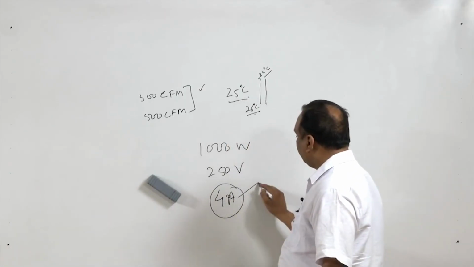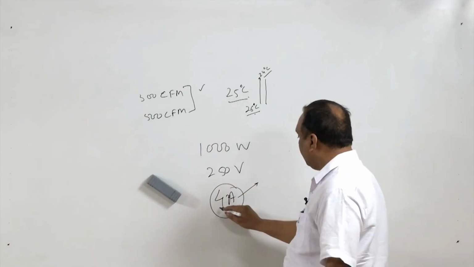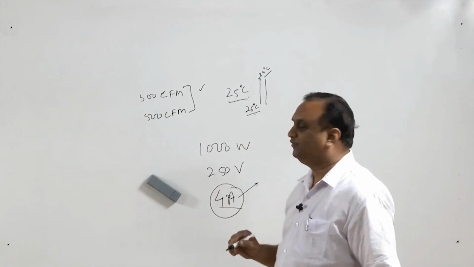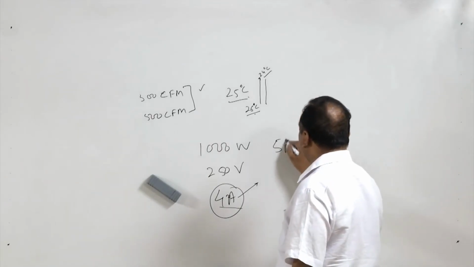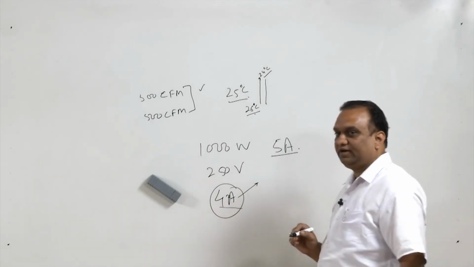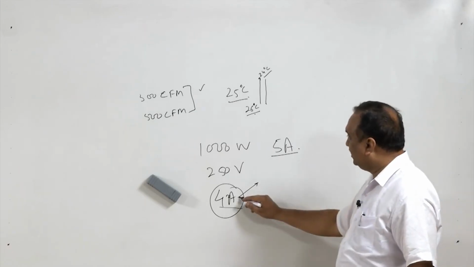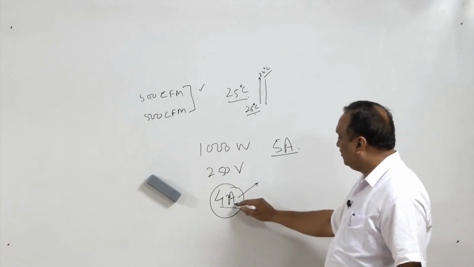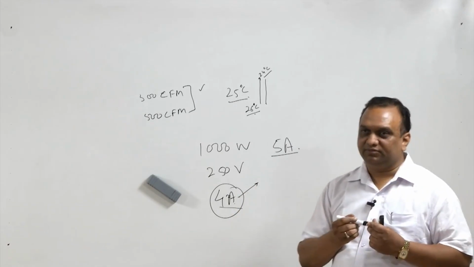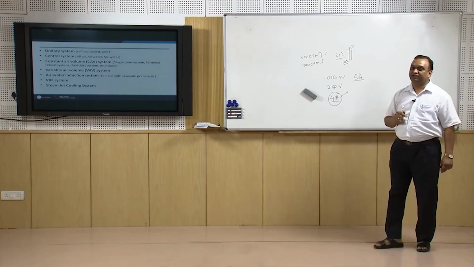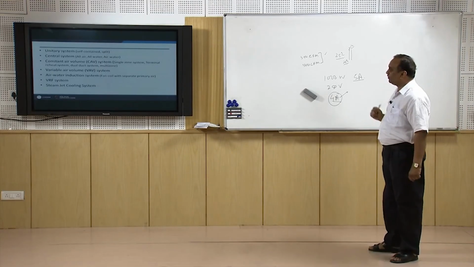Normal house domestic electrical wiring is 5 ampere wiring, but we don't use normal wiring. Dedicated wiring is provided for a window type of AC, because the starting current is 12 or 13 ampere. It is 3 times. So because starting current is high, 15 ampere wiring is provided for a window type of AC.